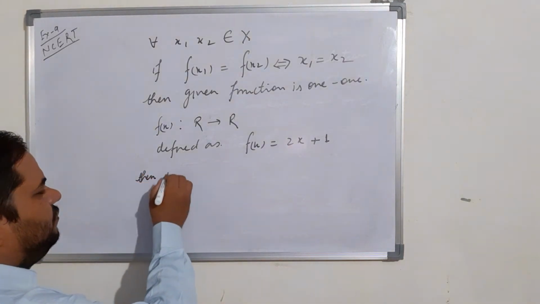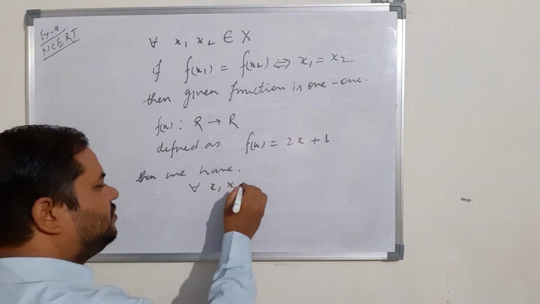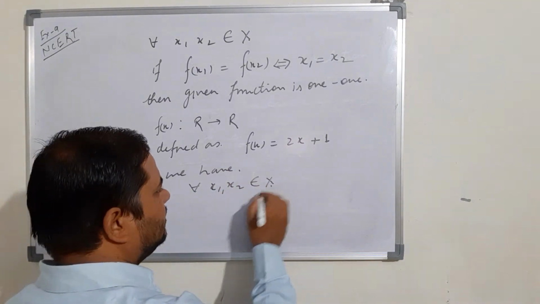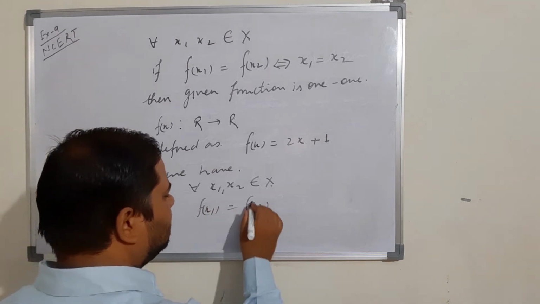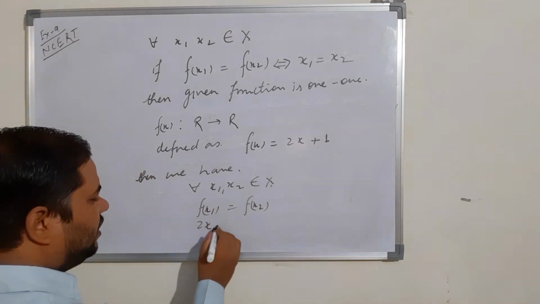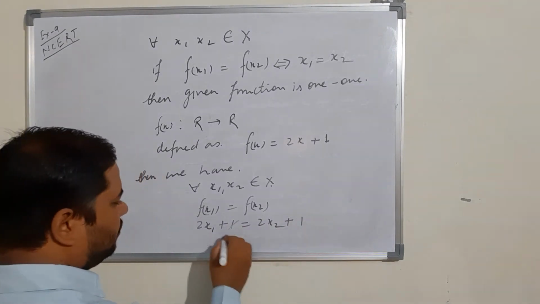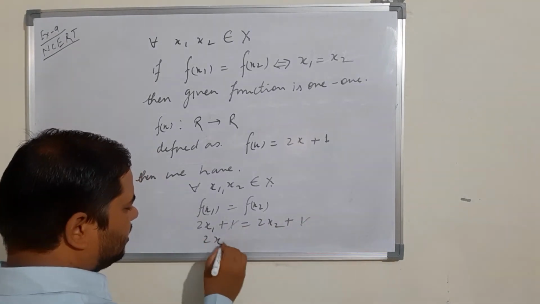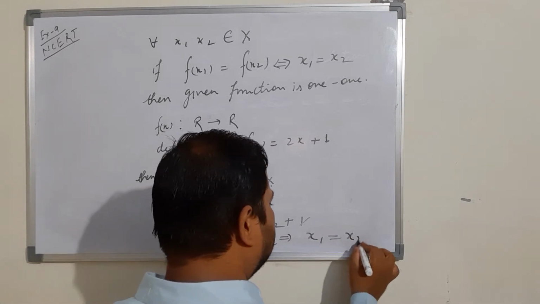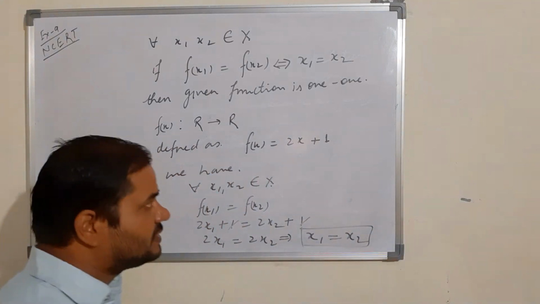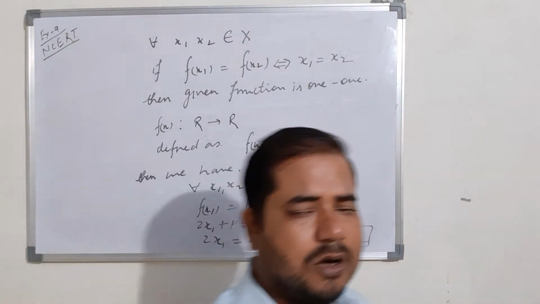Then for x1, x2 belonging to X, f(x1) is equal to f(x2). This means 2x1 plus 1 is equal to 2x2 plus 1. So 1 cancels, 2x1 is equal to 2x2, and this implies x1 is equal to x2. That means the given function is one-one from R to R.